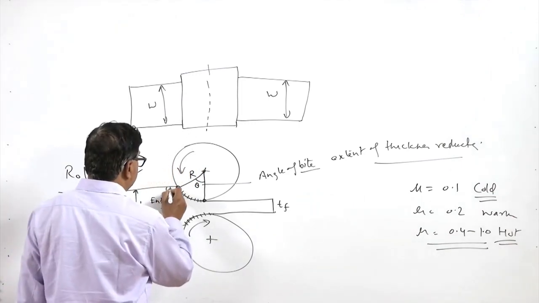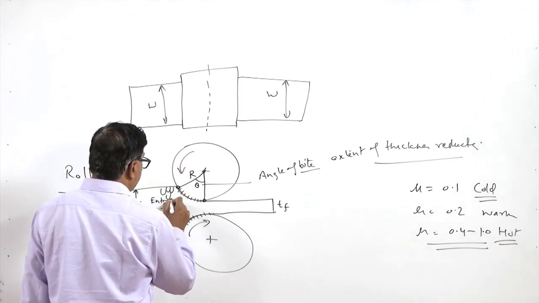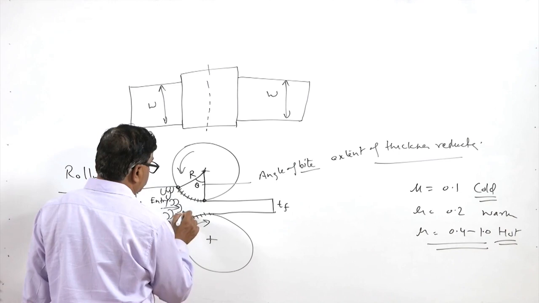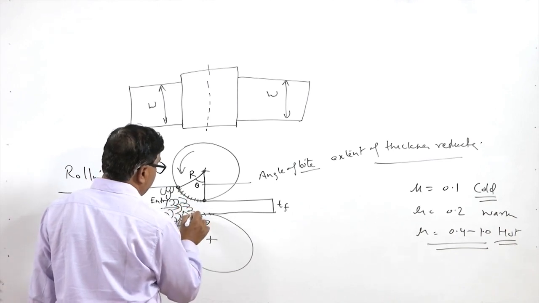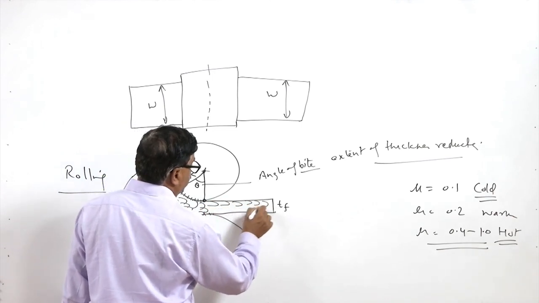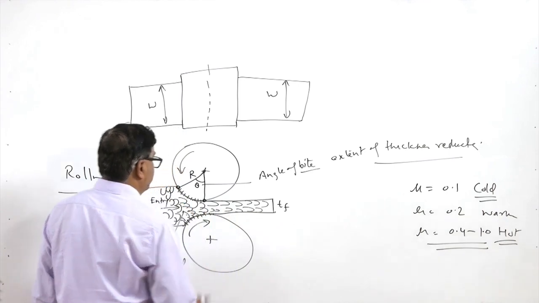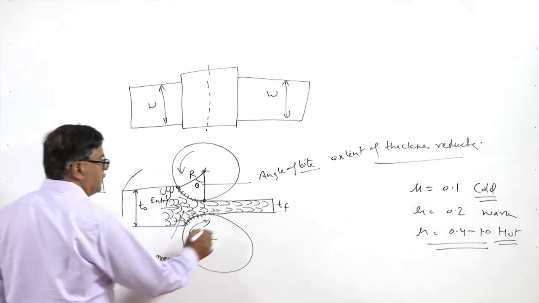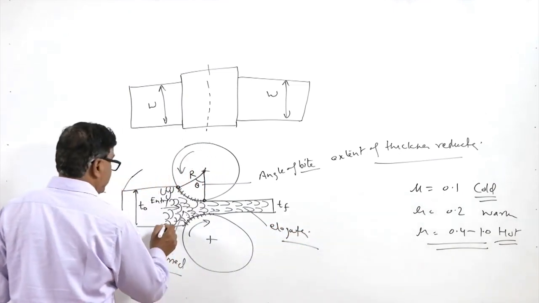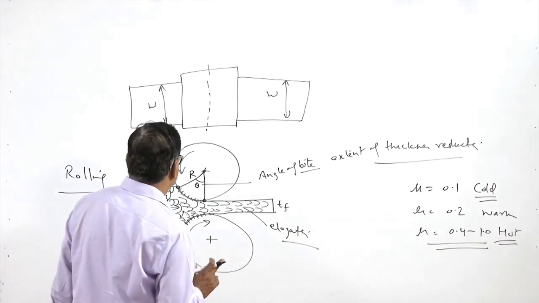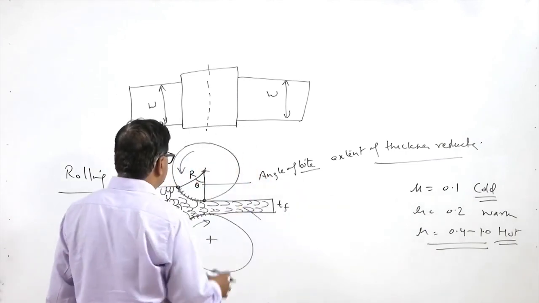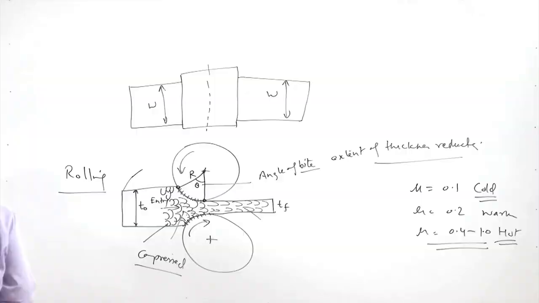Here the metal may have equiaxed grains, but when it is deformed plastically after passing through the rollers, it gradually elongates. So, after the deformation it gets elongated significantly like this, with elongated grains after deformation and equiaxed grains before deformation. This is the case when two rollers are being used.